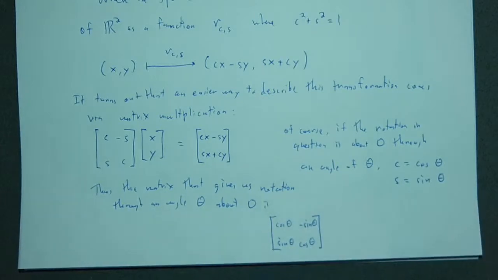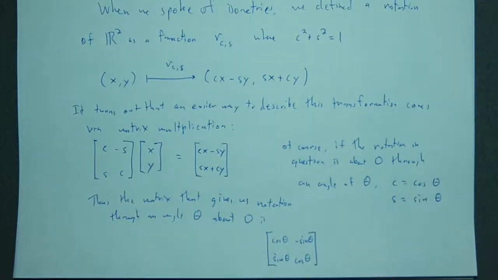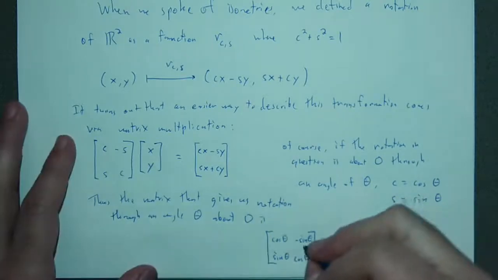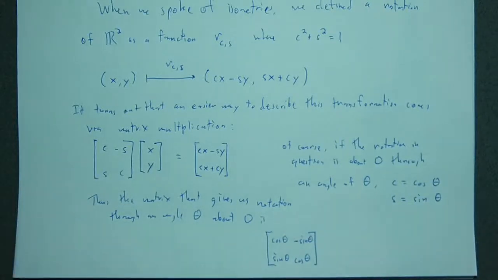Which you have probably seen before in 240 or 461, any linear algebra course that you've taken. This was written out at least once as an example of a standard matrix for a transformation. So this is it. Okay.